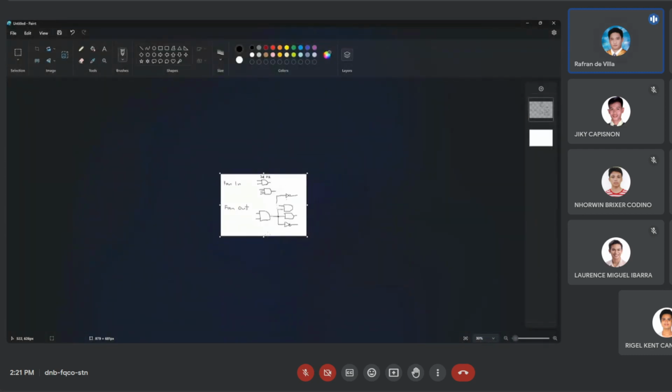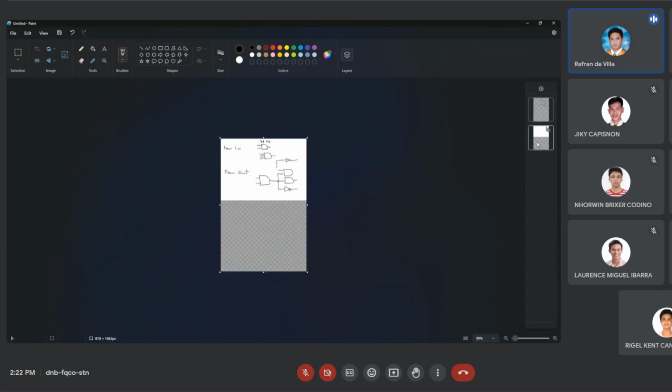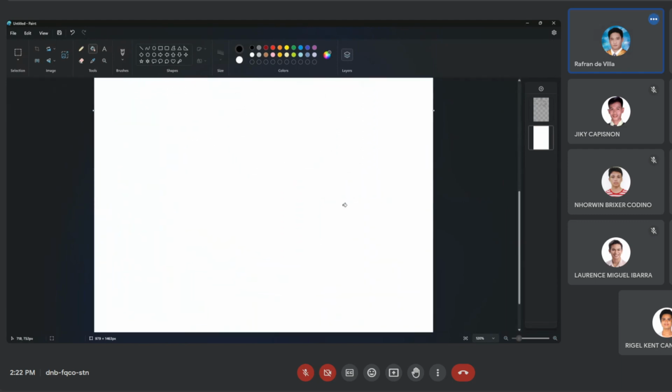Very important that you should know the concept of those specifications in your data sheet. Let us take for instance an inverter. What do we call the voltage input or the voltage output?